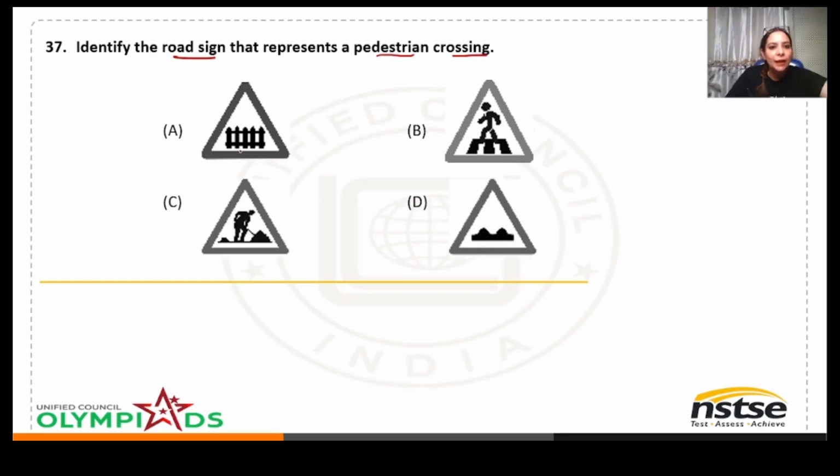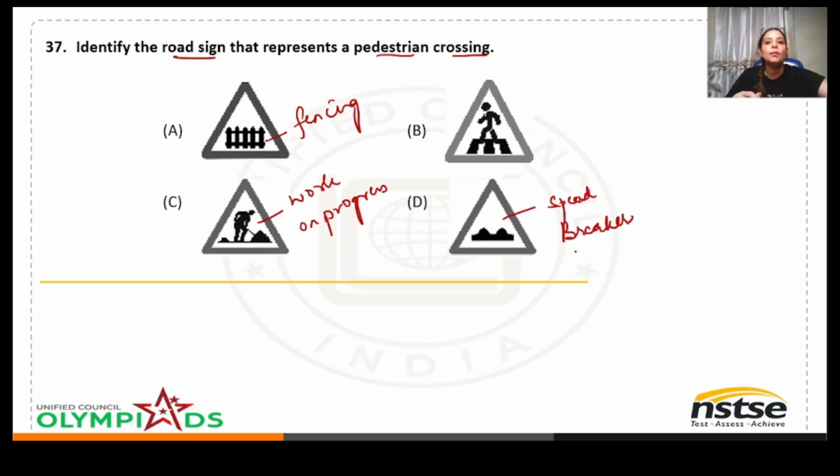So the first one you can see indicates fencing. The second one indicates work in progress, like a few people are working. D, this kind of sign, indicates a speed breaker ahead, so that we can slow down the speed.